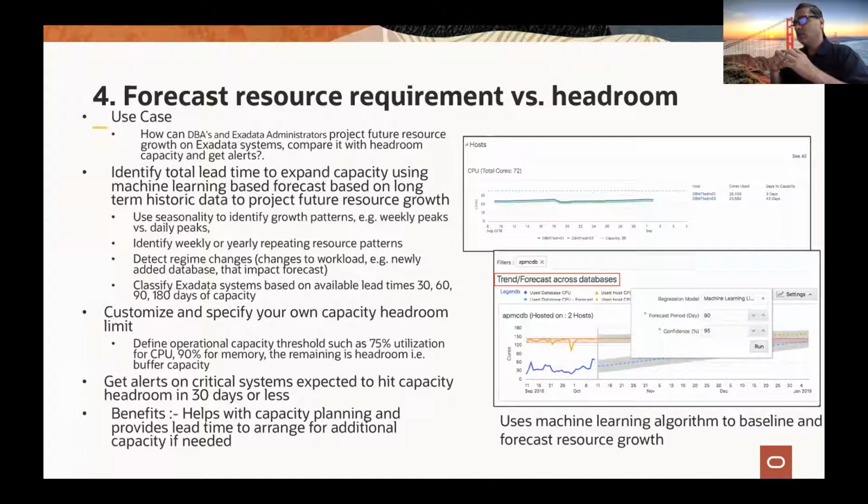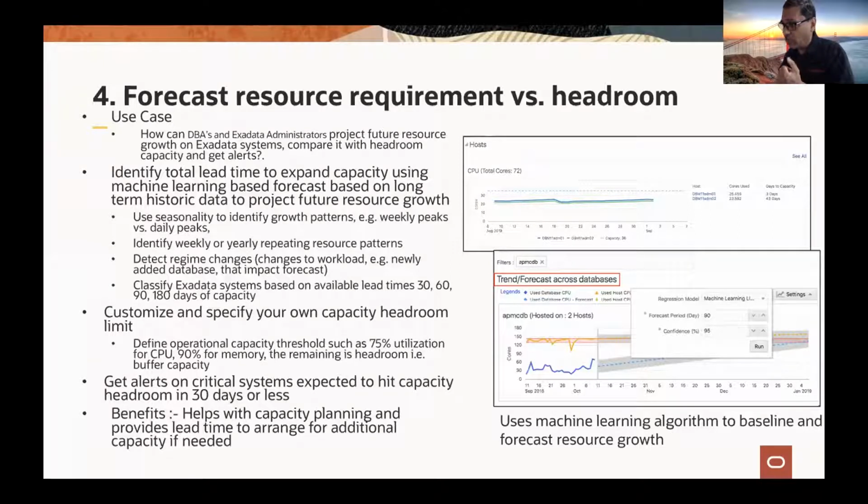Based on that, by default, we have set our headroom at 75%, and we can forecast out of the box and make you more proactive. That can help you do capacity planning and provide lead time to take corrective action.